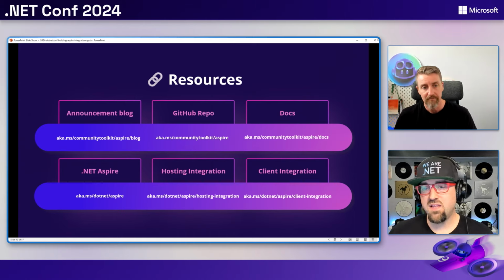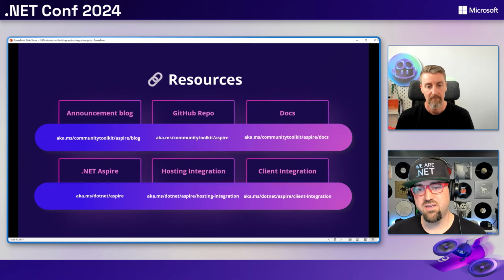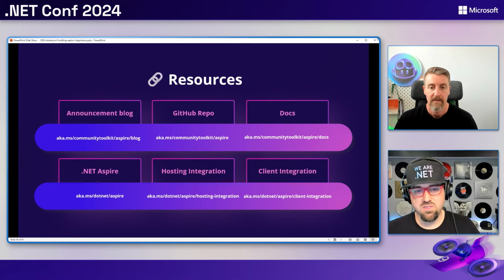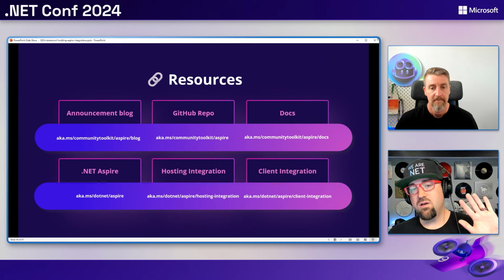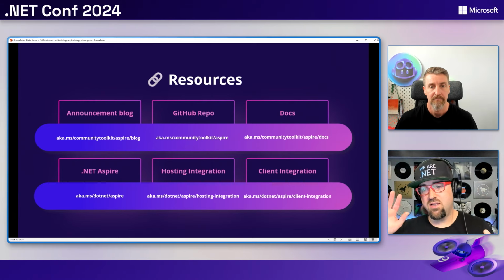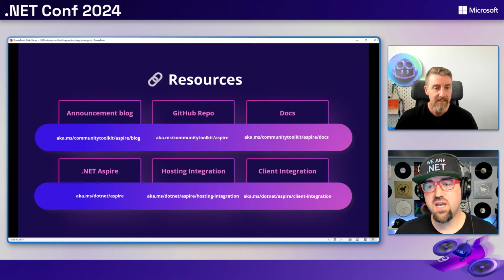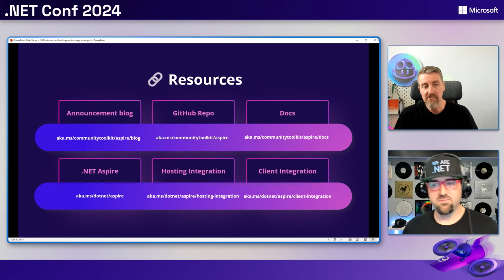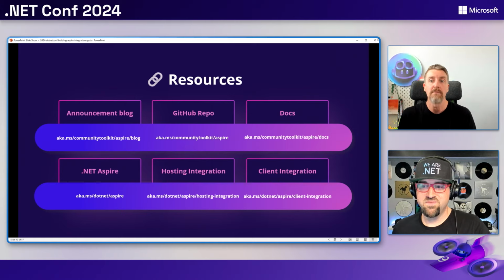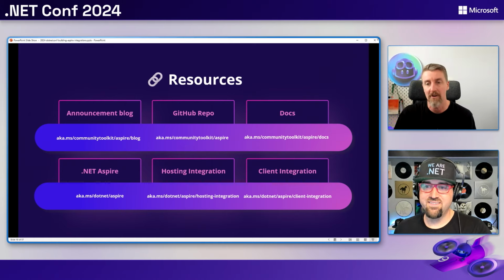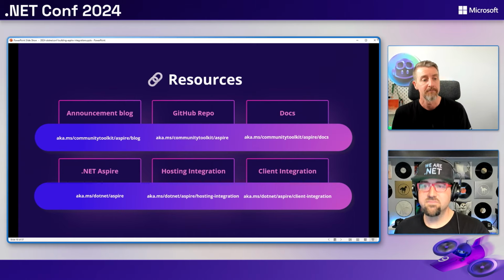The hosting and client integration docs are a great source for that, because we go a lot deeper with the hosting aspect and with the client, and then how to glue those things together. So be sure to check it out. That's actually where I learned a lot of how we built the stuff we just walked through, and built out the community toolkit.